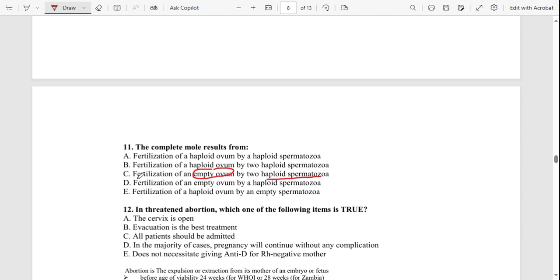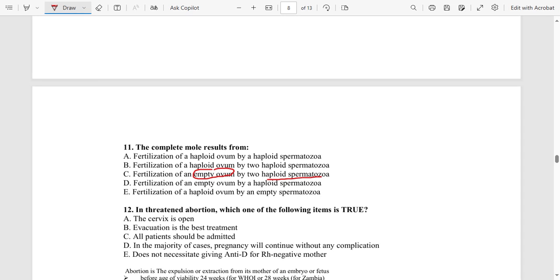So we have C and D, and D says fertilization of an empty ovum by a haploid sperm. The one on top has given us a specific two. So why should we go for C and not D for this one? Anyone with a thought?